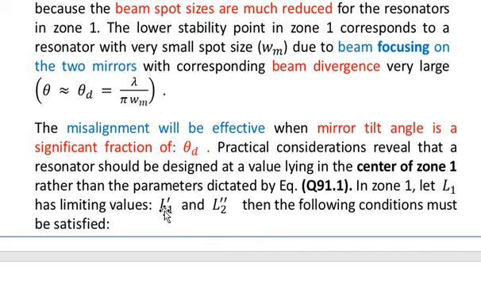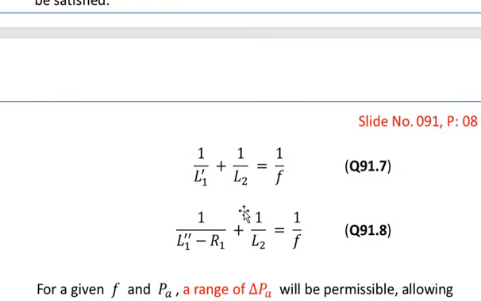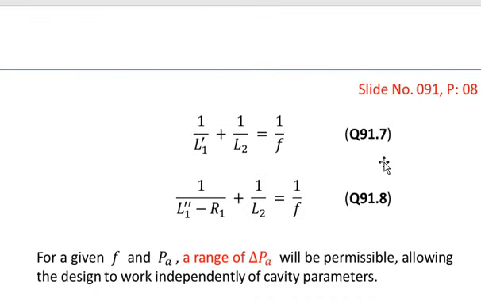L1 prime is the smaller value and L2 prime is the larger value. These two provide the limits for the placement of mirror 1 with respect to the lens placed within the resonator. So these two must satisfy the condition shown in equation number 7.